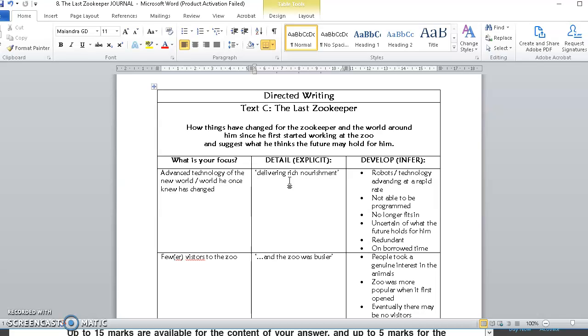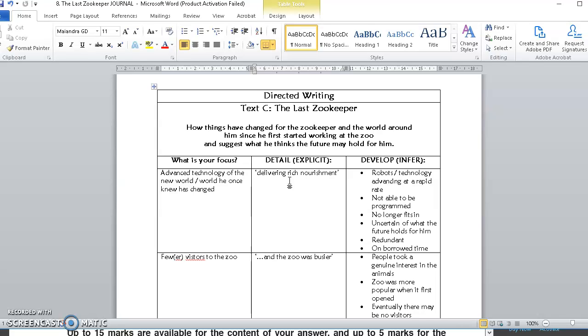And what you need to do with each detail that you get from the text, you need to make maybe a couple of inferences. Okay, so none of your paragraphs should solely focus on explicit ideas. Cambridge expects you to get an explicit idea, kind of reword it, and then make some suitable inferences.